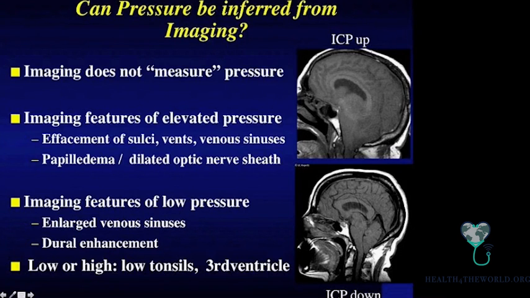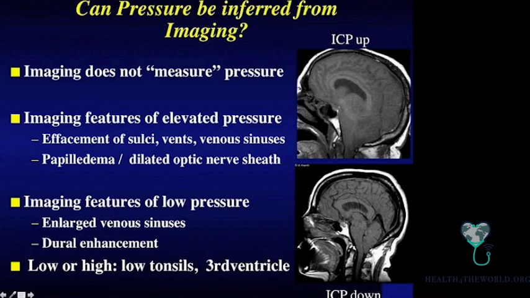But some of the manifestations of elevated pressure on imaging, secondary imaging features, are effacement of the sulci, of the ventricles, and of the venous sinuses. And as we'll see, there's a relationship between the CSF and arterial and venous anatomy. One goes up, the other goes down. One goes down, the other goes up.